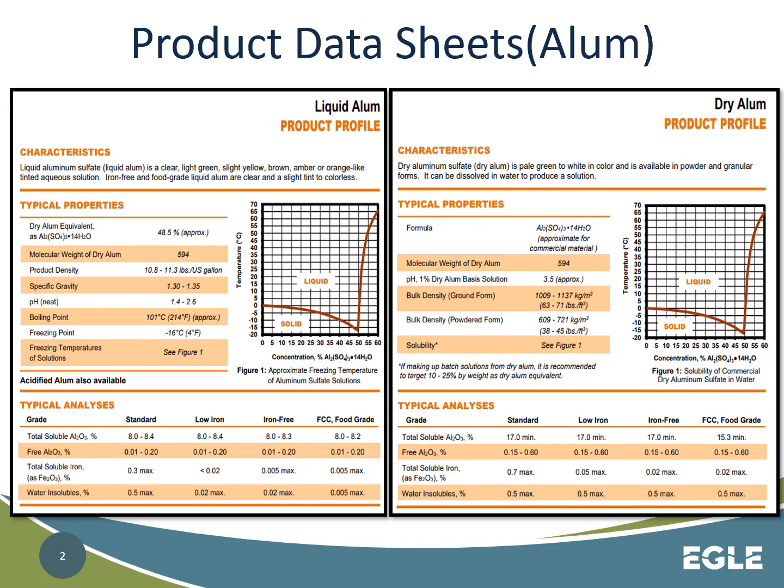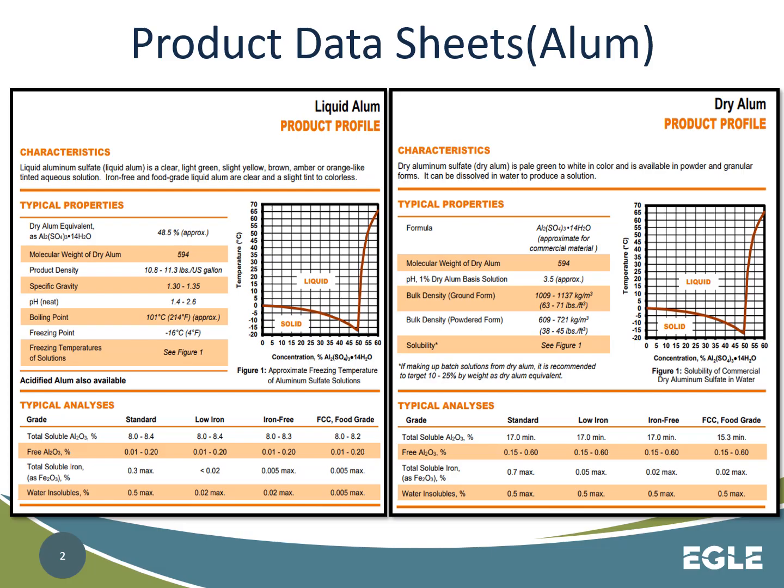So in 100 pounds, we would have 48.5 pounds of this dry alum, which we would then be able to use, depending on how much I added, to find the dosage and the weight of aluminum ion or the weight of product, and be able to report or use in a dosage calculation.